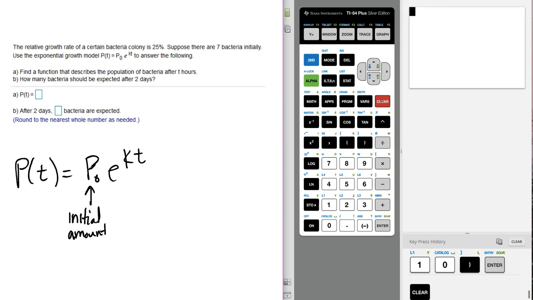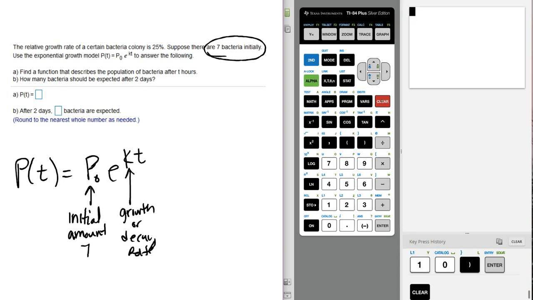And so for our problem, it says 7 bacteria initially, so we're going to put 7 in that position. The value of k is going to be either our growth or decay rate.